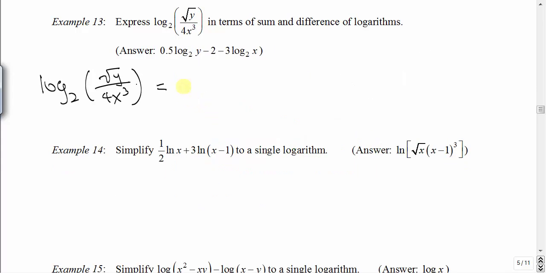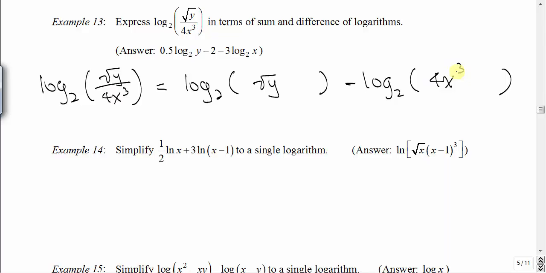Okay, the next example, again, this is a divide. So a single log I can change to multiple logs, and the operation between the two logs will be a minus. So now this is the square root of y, the expression on top, then the expression below will be here. Now square root of y I can write as log y to the power of half. We know that square root is to the power of half.